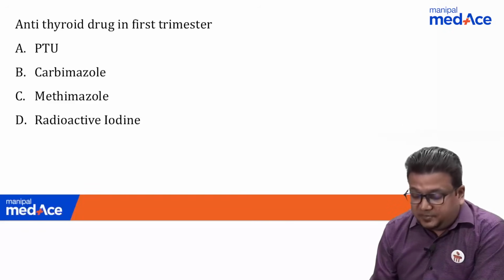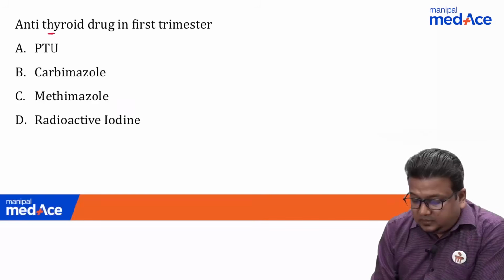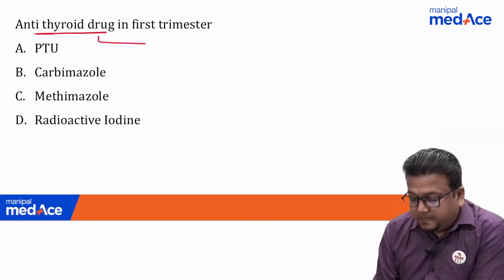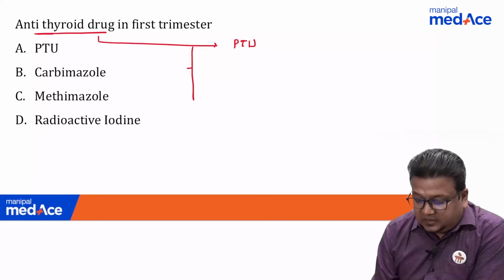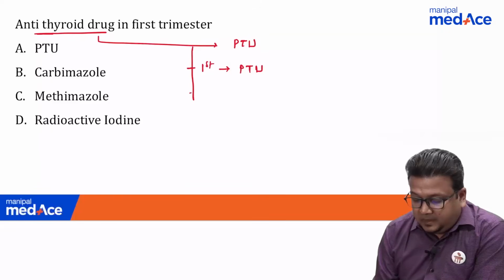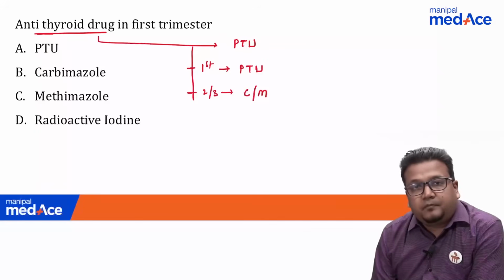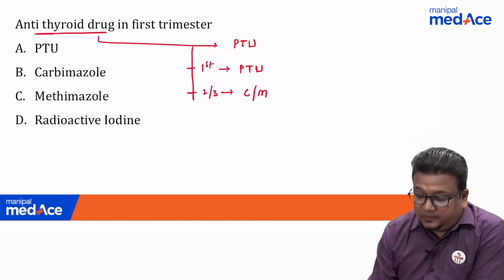Antithyroid drug in first trimester. So we all know the preferred antithyroid drug in pregnancy is propylthiouracil overall. If you are asked trimester wise, then in the first trimester again it is propylthiouracil which is preferred. But if it is the second or third trimester which is asked, then we shift to carbimazole or methimazole. I hope you know why propylthiouracil: because it is safer in pregnancy.